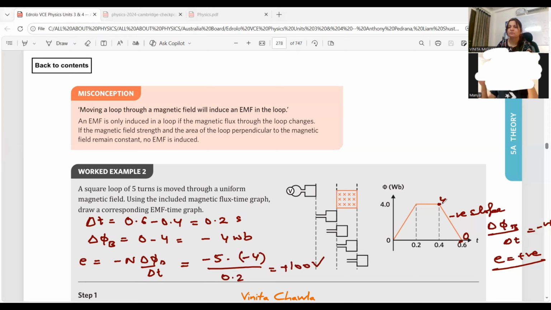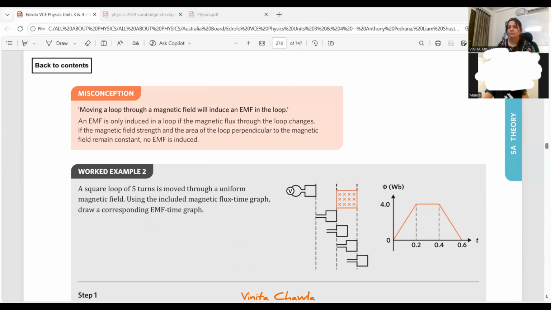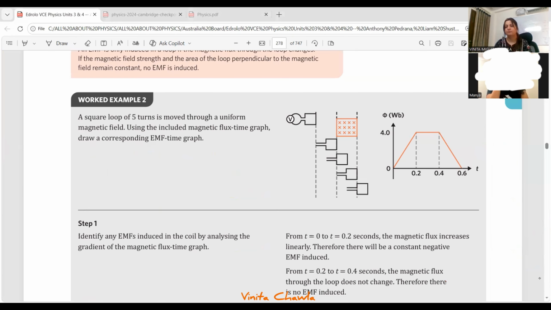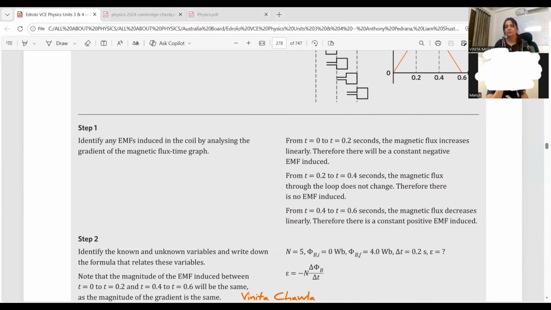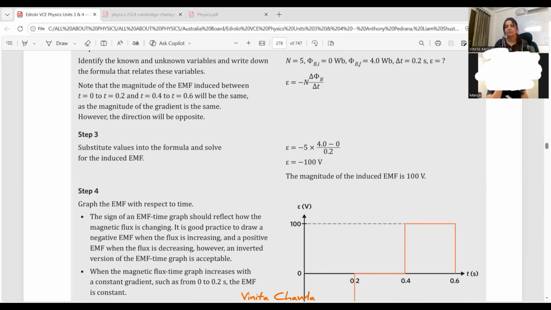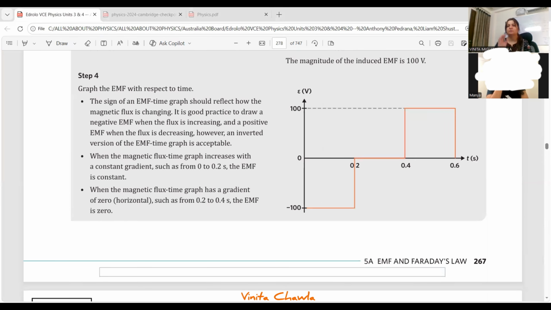At positive 100 volts, a straight line like this, right? This is what we'll get. Now you know how to draw it.